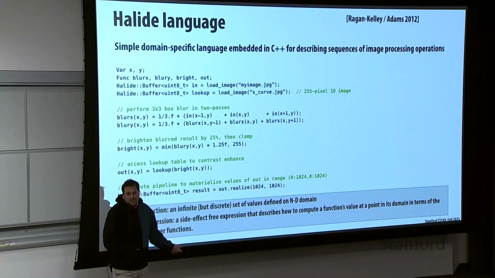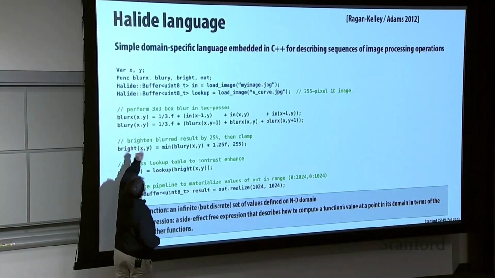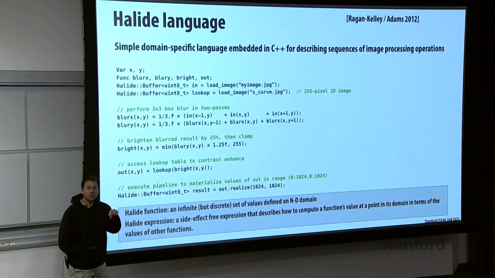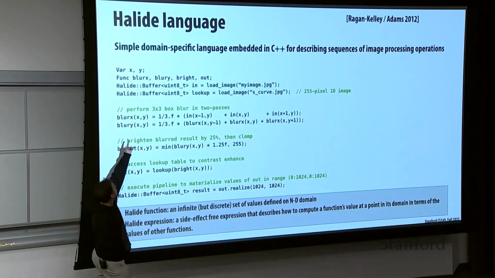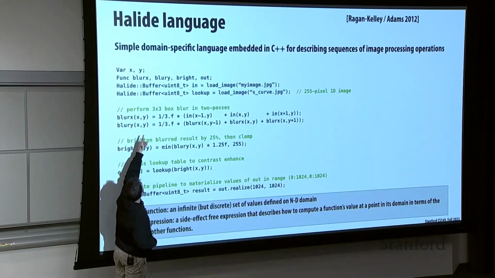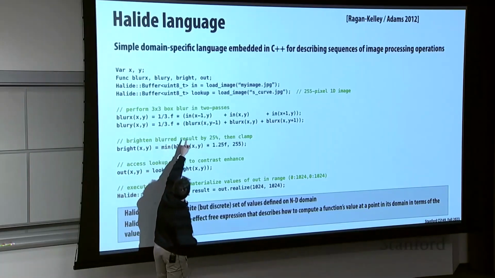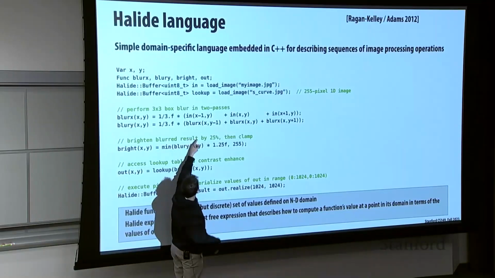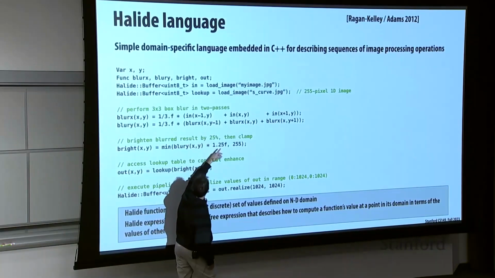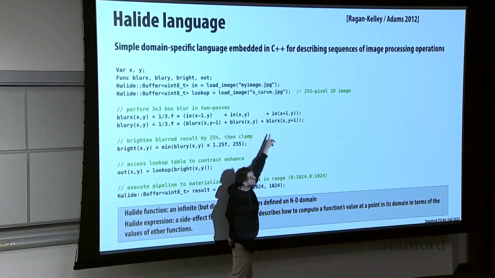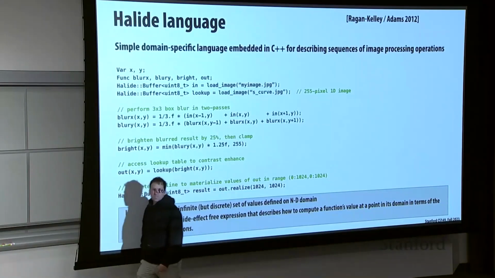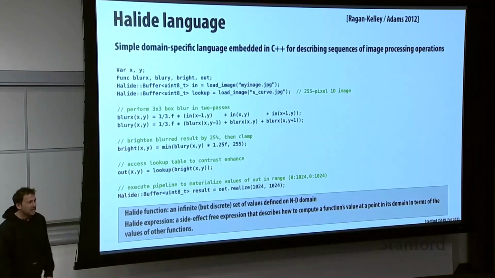That's what a function does, right? And the function is defined in terms of inputs and outputs of other functions. So this says that the output of the blur x function at x, y is 1/3 times the quantity of these three values, the in function at x minus 1, y and so on. Or in other words, the average of those three values.